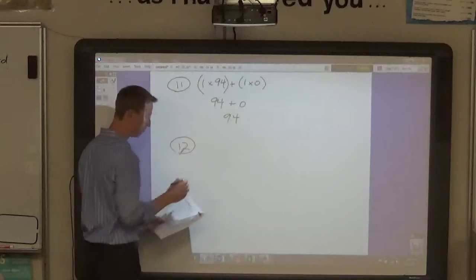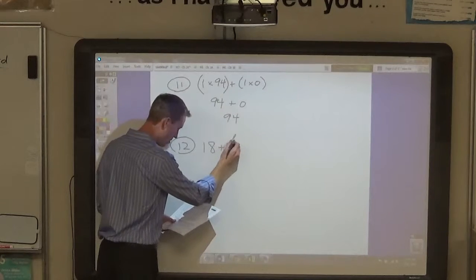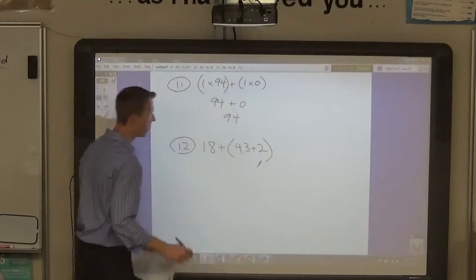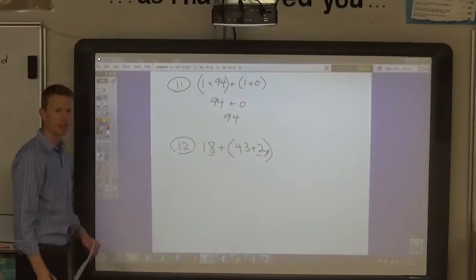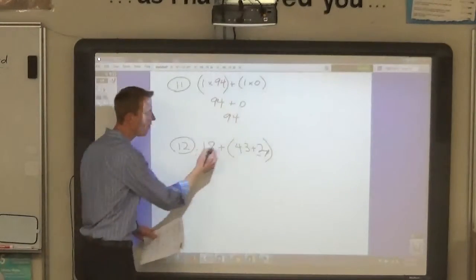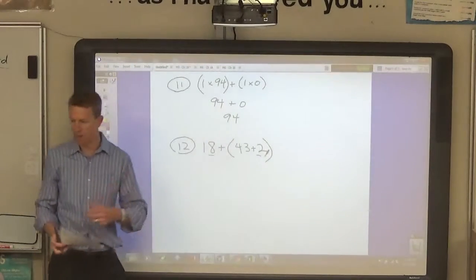12. 18 plus 43 plus 2. Again, look at the ones. 8 and 2. 8 and 2 is 10. So it means if we add these two together, we get a number that's a tens number.